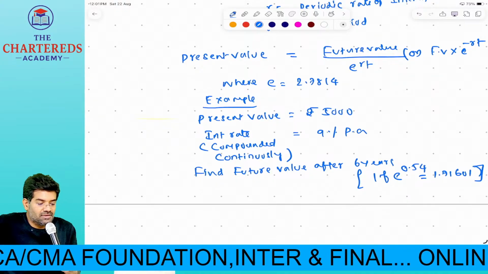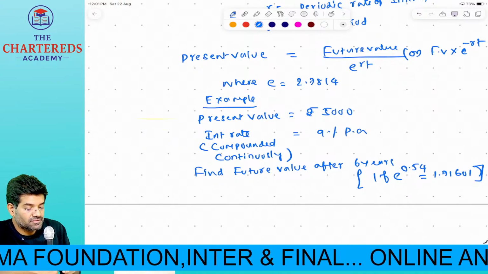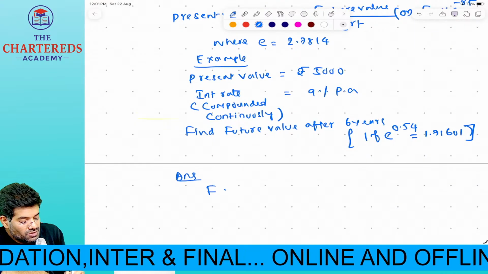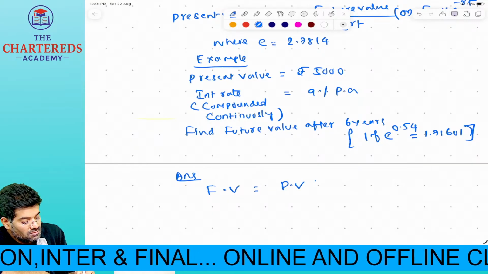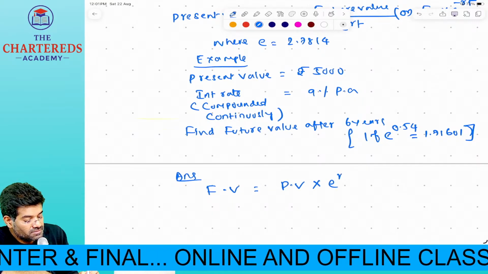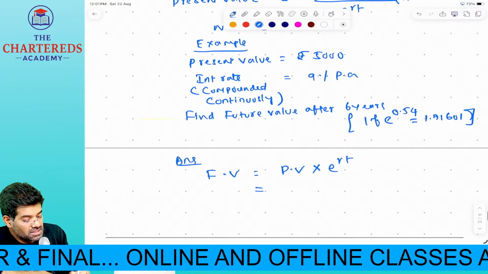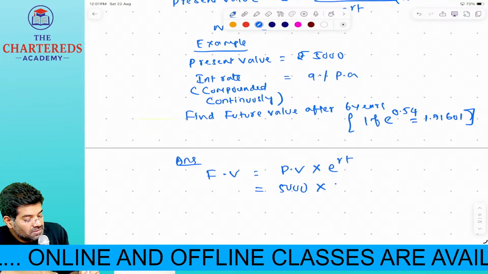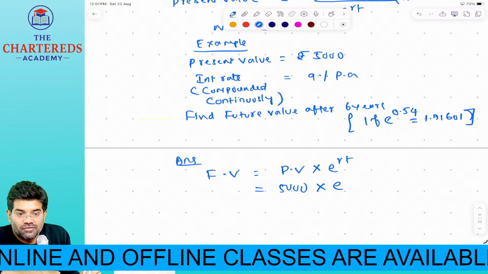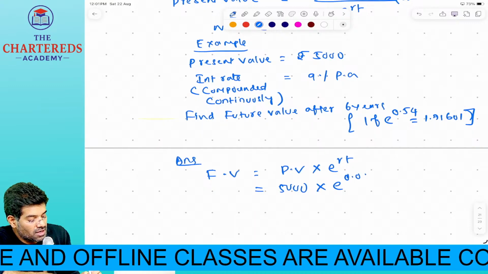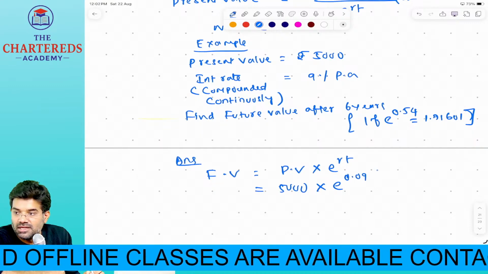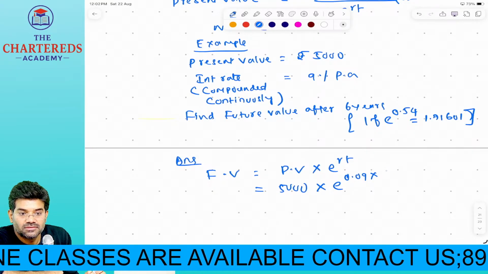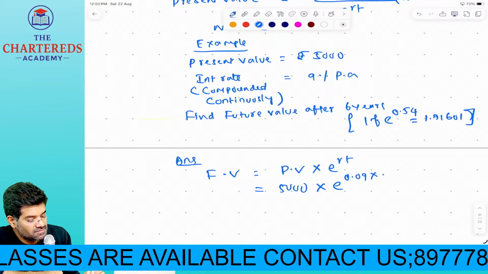See why they have given e power 0.54. What is the formula with continuous compounding? Future value is equal to present value into e power rt. What is the present value? 5,000 into e power r, meaning rate of interest. How much is that? 0.09 in decimals, into what is the time period here? 6 years.